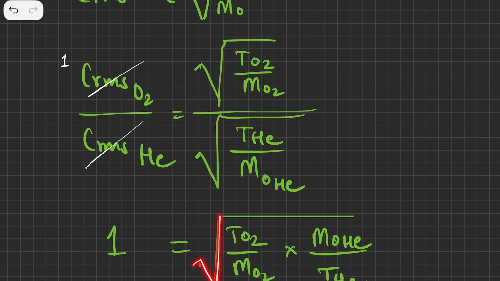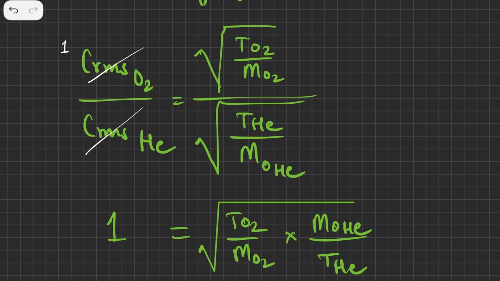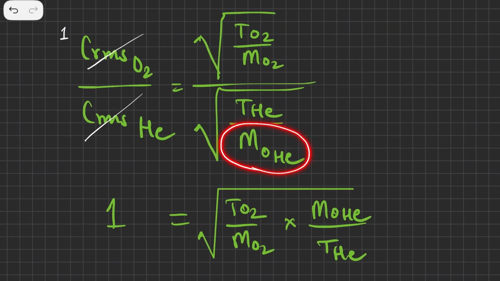So I have taken a single root. Then again, here the same quantity is used, if it is a denominator's denominator, this is going to go to the numerator and this is going to go to the denominator. So M0 of He goes to the numerator and T of He goes to the denominator. These quantities are the same as they are.